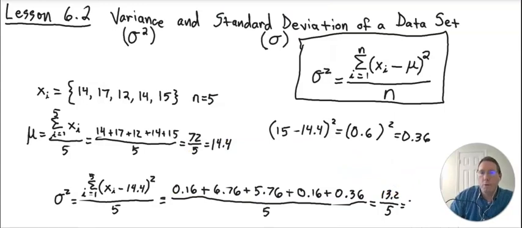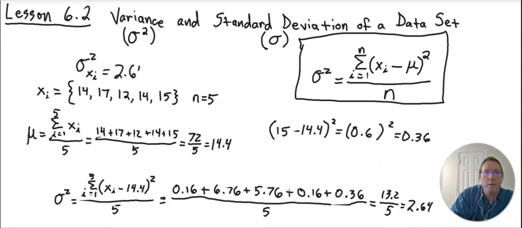2.64. And so the variance of this data set, the variance squared of x sub i, is equal to 2.64. And now we want to know what is the standard deviation of the set x sub i. Well, now we just have to take the square root of 2.64.